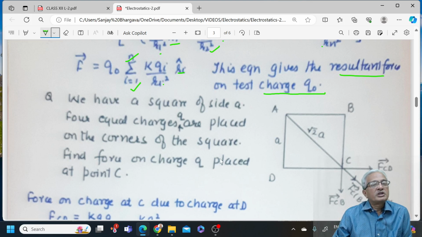Now the question is, how to utilize this superposition principle? For that, we pick up an example. Here we have a square of side a.